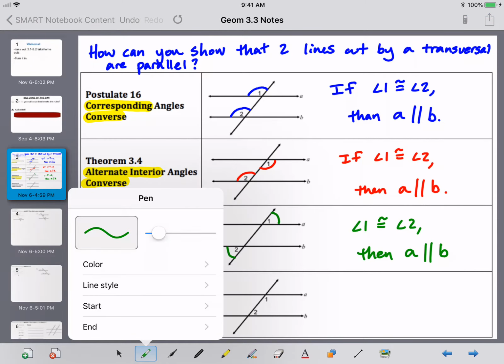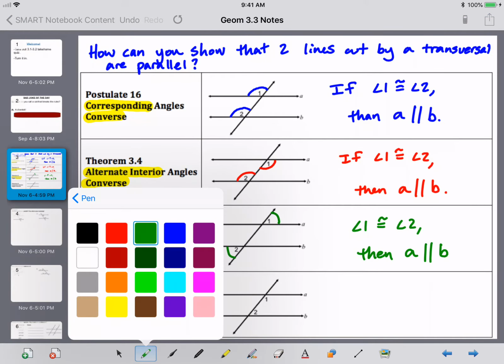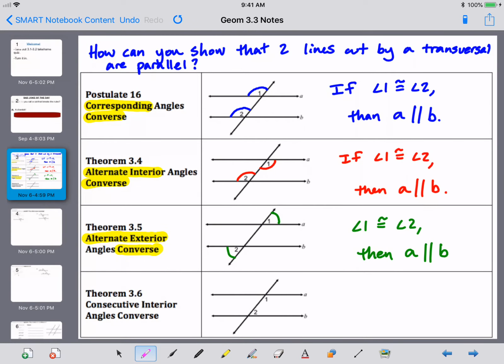And last but not least, this one's going to be a little bit different, but the consecutive interior angles converse. Now again, consecutive interior angles, there's no way that those are the same because one is obtuse, 2 is acute.